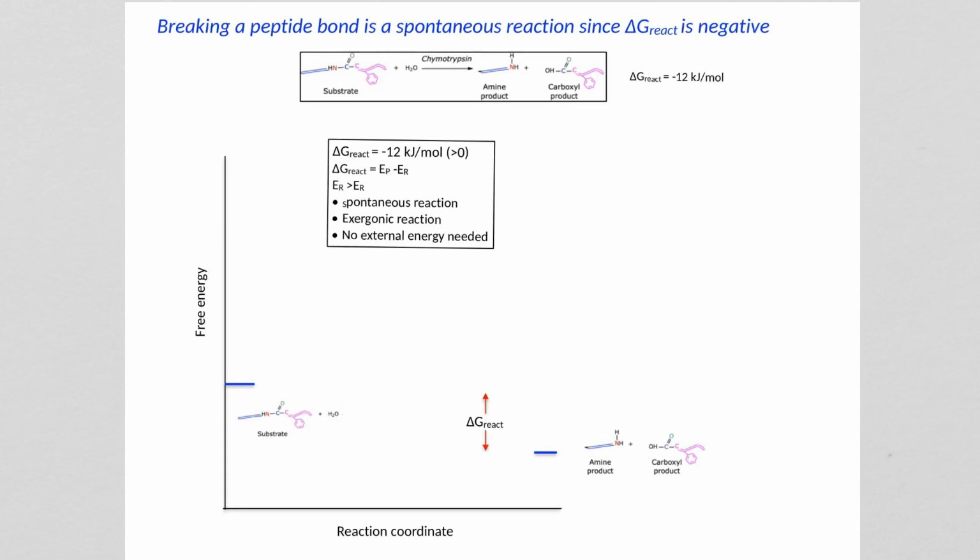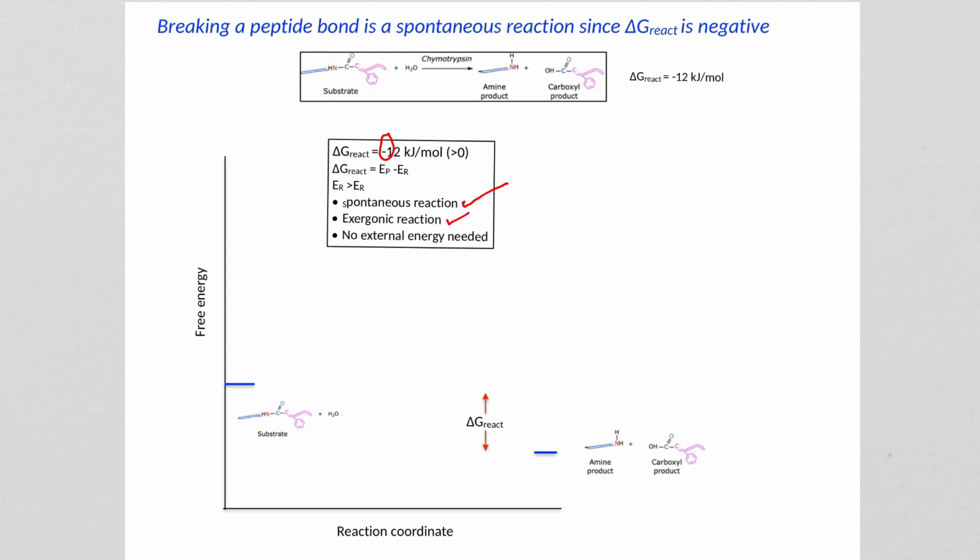The chymotrypsin reaction, which is the breaking of a peptide bond, that delta G is a relatively high negative number, minus 12 kilojoules per mole in case of the chymotrypsin reaction. Reactions where the delta G is negative, these are called spontaneous reactions or exergonic reactions.